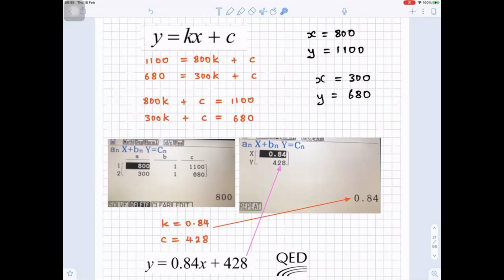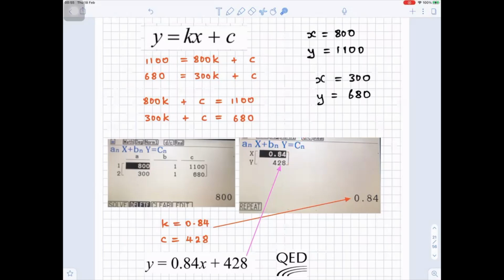So in your calculator, you go into the mode and choose solving simultaneous equations and choose 2 because there are 2 variables, k and c. So 800 goes for the first one, 1 goes for the second, and 1100 goes for the 300 goes next, 1 goes for this one, and 680 goes there. And when you press execute, you'll get 2 answers, 0.84 and 428.